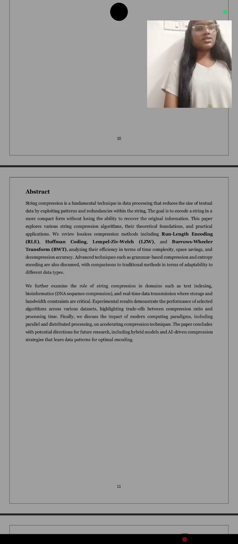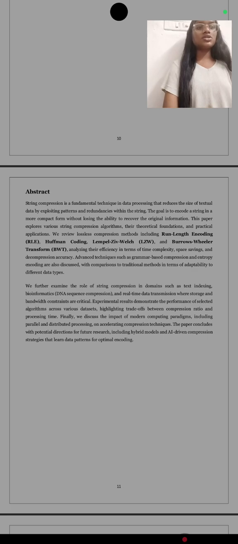We review lossless compression methods using run length encoding, RLE, Huffman encoding, Lempel-Ziv-Welch and Burrows-Wheeler transform, analyzing their efficiency in terms of time complexities, space saving and decompression accuracy.